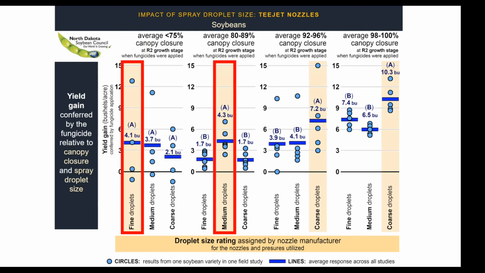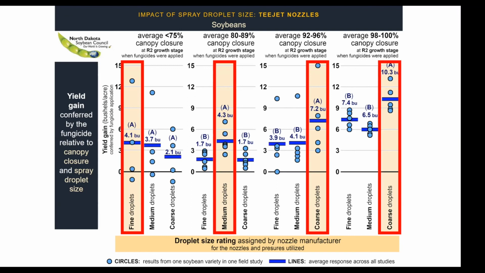But as the canopy becomes more and more closed, or more of the canopy gets closer to closure, the droplet size most effective increases. So in this 80 to 89%, medium droplets will give you a higher yield, a statistically higher yield. By the time you're in the 90% range of canopy closure, you're bumping up maybe to 7 bushels difference. So there's a 3 bushel difference between fine, medium, and coarse.